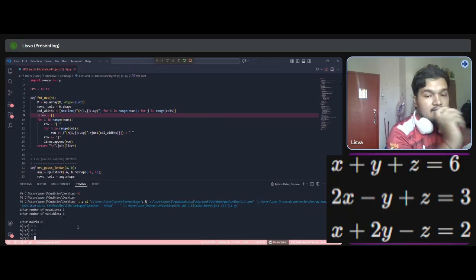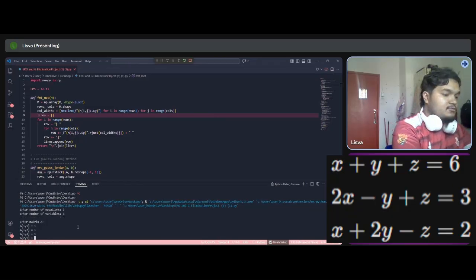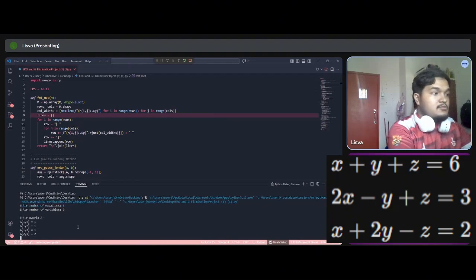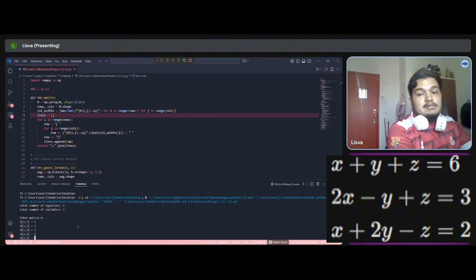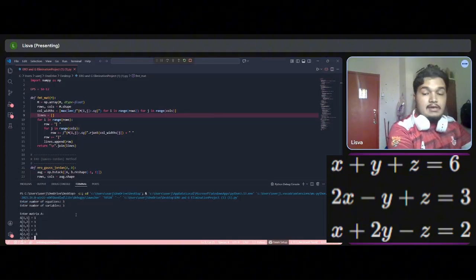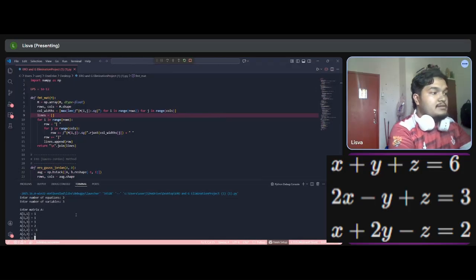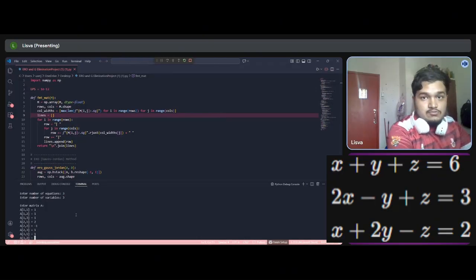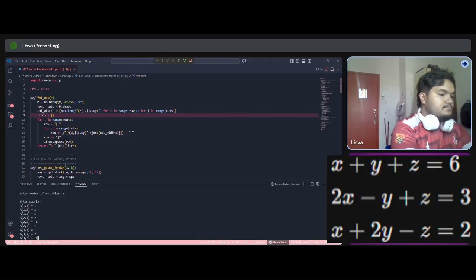Okay, now it asks for the second equation, where our x is 2, and then our y is negative 1, and our z is 1. Okay, next for our third equation, our x is 1, our y is 2, and our z is negative 1.